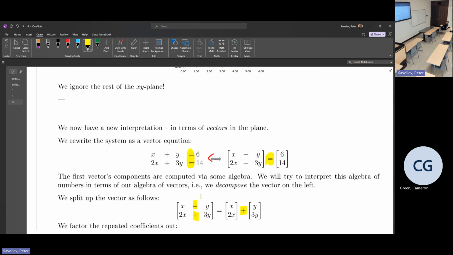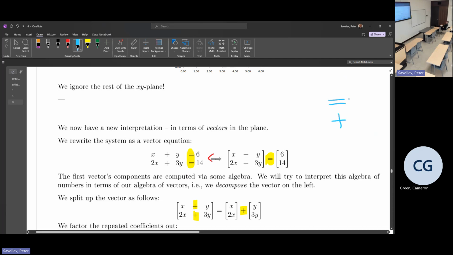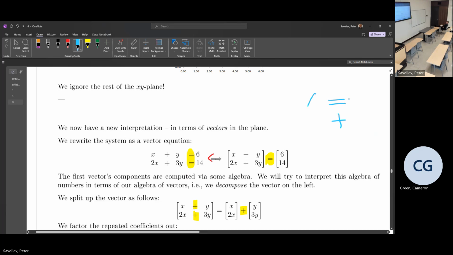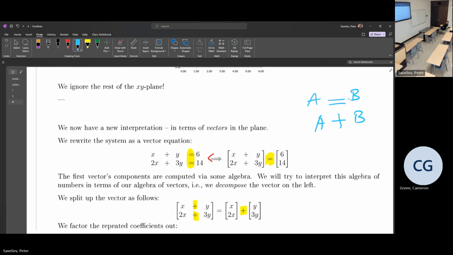Vector algebra is actually made of three parts. Things being equal, and we do addition. And what's the second operation on vectors? A plus b.